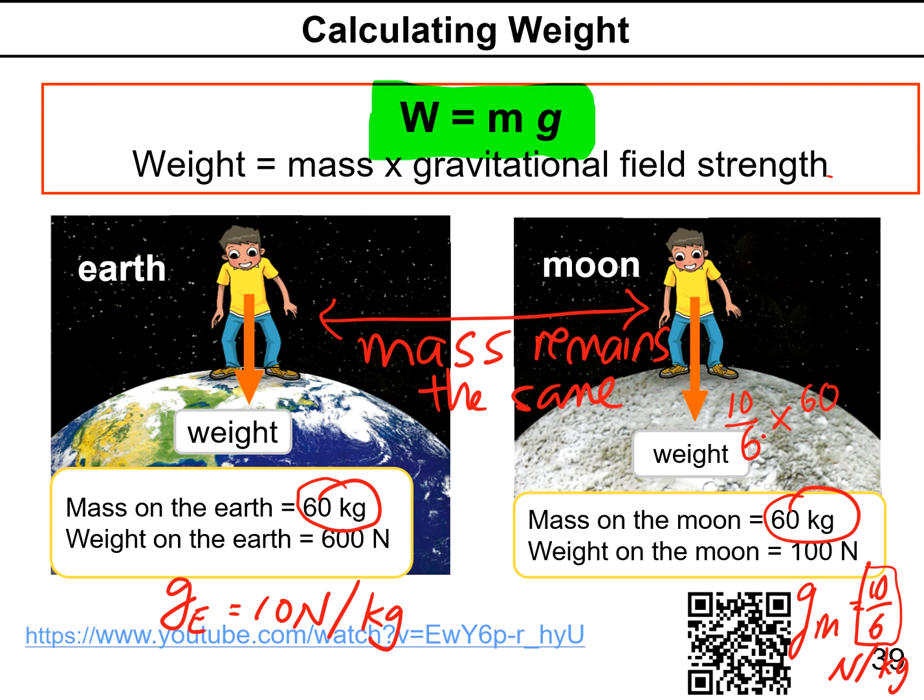And because you have 60 kilograms, you end up with 100 newtons. So you see, when you go to a different planet, mass, no change, weight will change. If you go to a planet with a smaller gravitational field strength, then your weight will also be smaller.